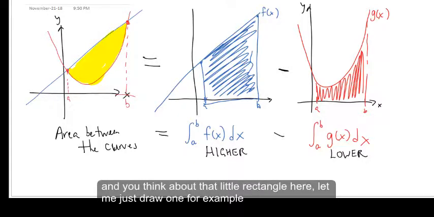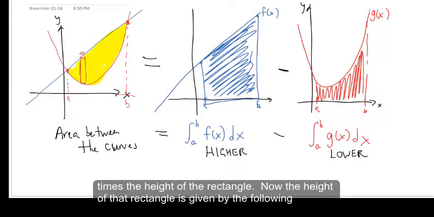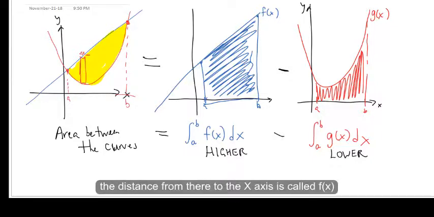And if you think about that little rectangle here, let me just draw one for example. Notice that to find the area of that rectangle, it's your delta x, which is your width, times the height of that rectangle. Now the height of that rectangle is really given by the following. The distance from there to the x-axis is called f of x.